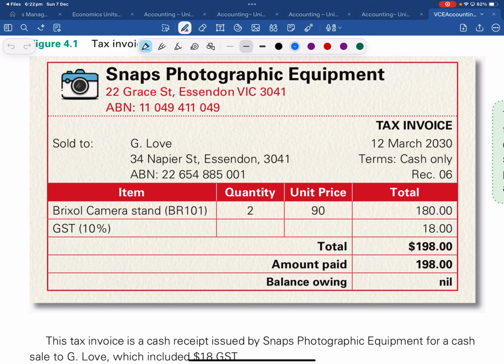What else? Credit note. A credit note also will have GST. So all those will have the term tax, because we have GST. Together with GST, you will come across this term, tax invoice.